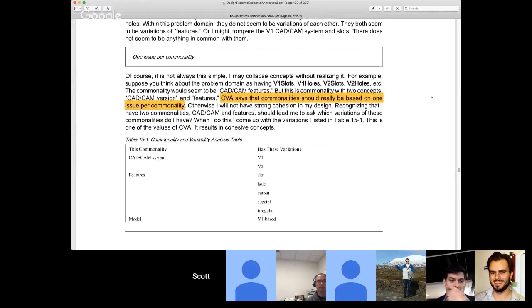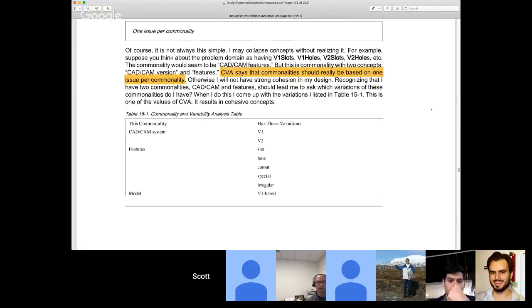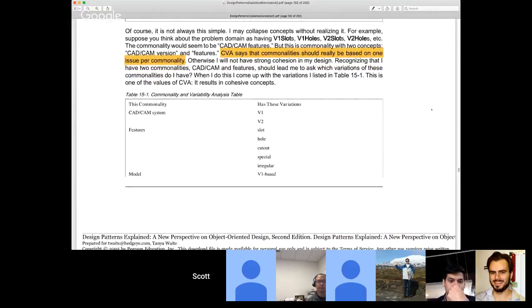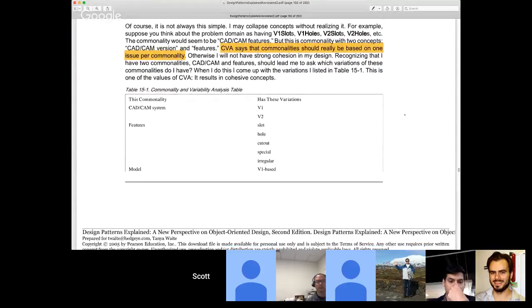Or you might compare them to one of the CAD/CAM systems and slots, and you just look for what seems to be connected. You may end up collapsing concepts without realizing it. You might mix the two different versions together and not realize that they're actually the same.